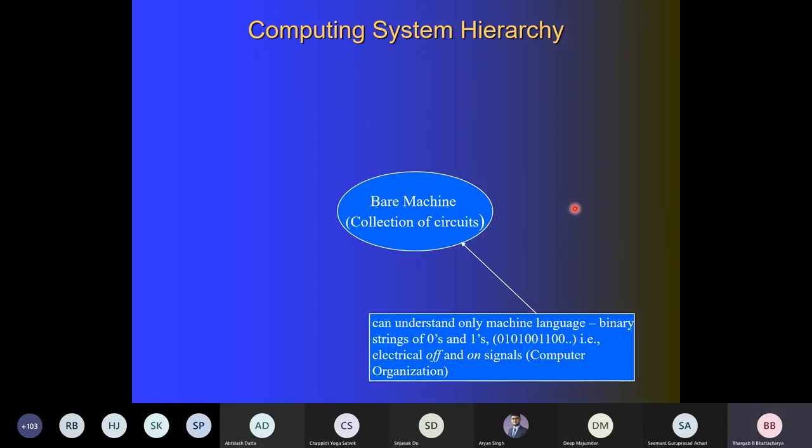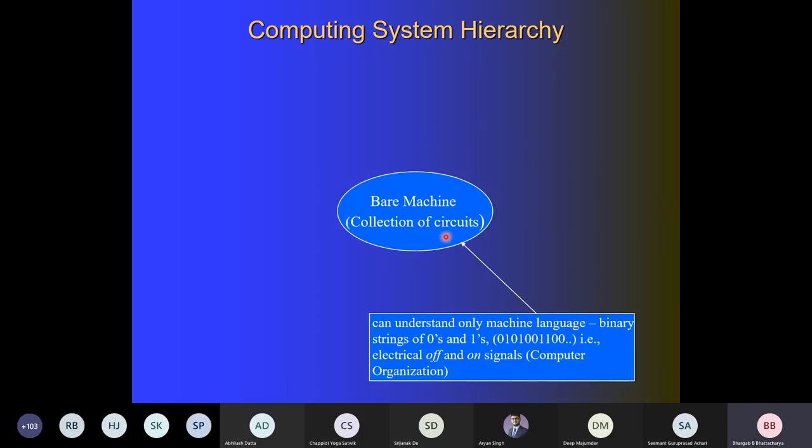So we have a collection of gates and flip-flops and so on. Those are called the bare machine. We have several logic circuits, several finite state machines implemented, and so on. So consider this bare machine as a black box. It has certain logic inputs, certain logic outputs, and of course power supply.